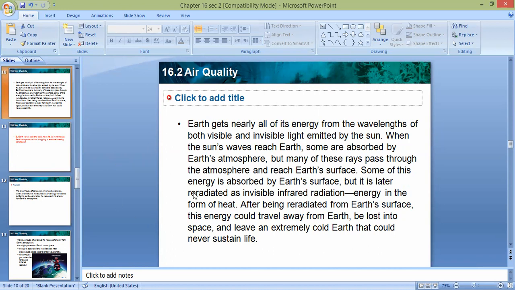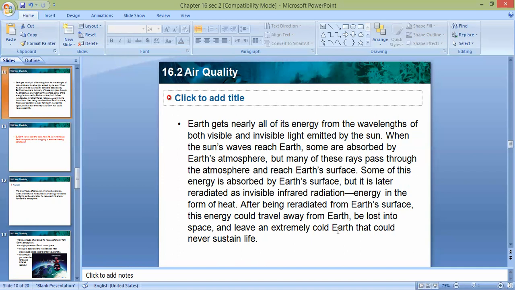Some of this energy is absorbed by Earth's surface, which keeps the Earth warm, but it is later re-radiated as invisible infrared. When it is re-radiated, reflected from the Earth back to space, you cannot see this energy because it is invisible infrared radiation. It is radiation from the sun, but it's infrared and invisible. It comes out as heat.